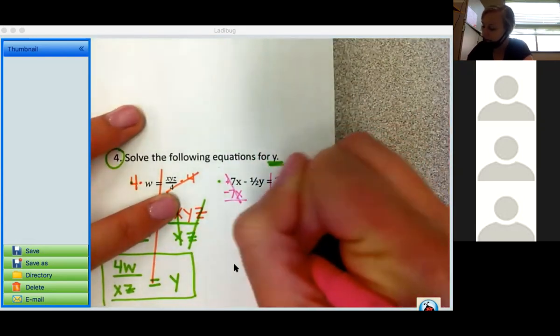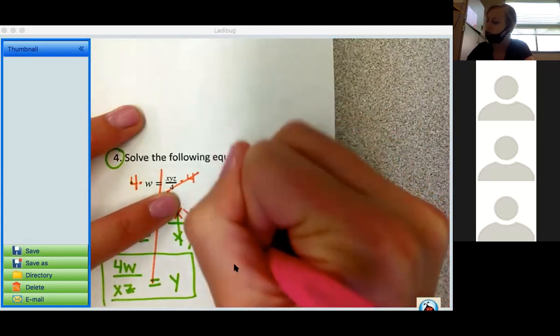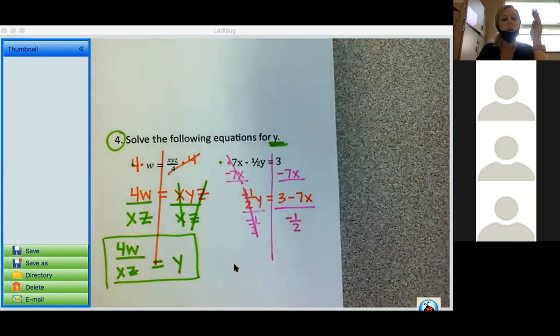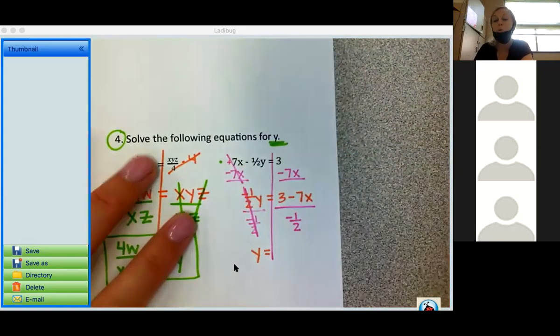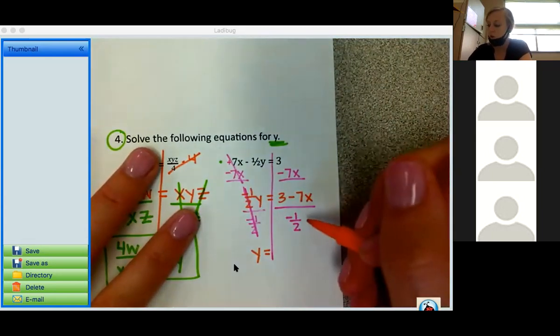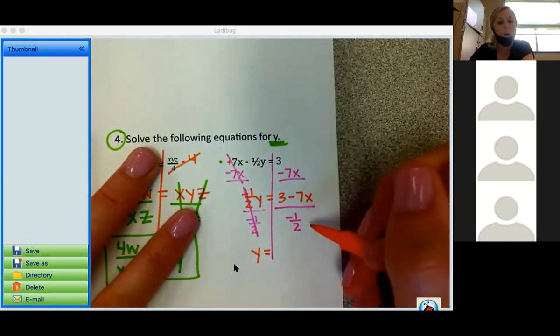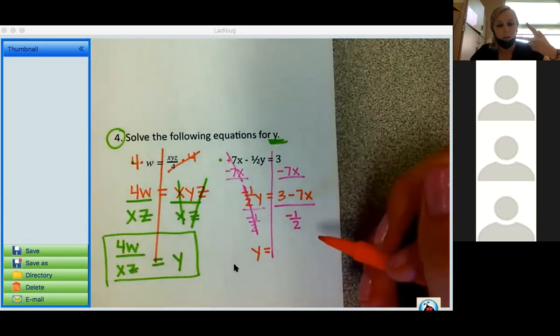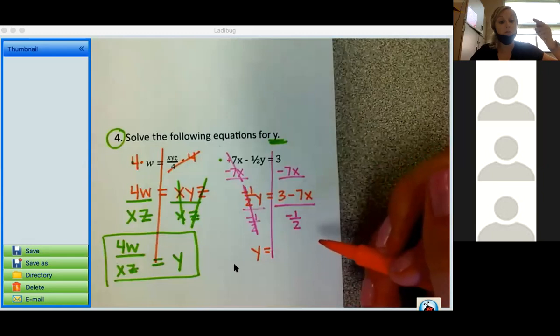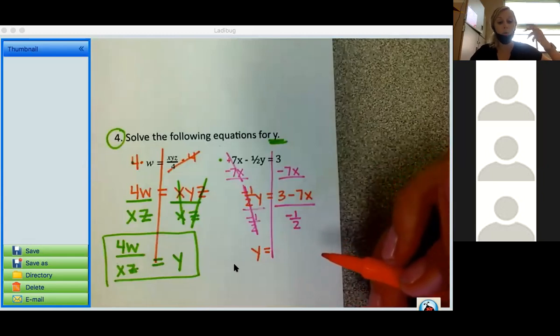Divide everything by negative 1/2. Now, y'all, we just talked about this. Can you divide by a fraction? No, it's the same as multiplying by the reciprocal. What's the reciprocal of 1/2, y'all? What happens when I flip a half? -2. Good, -2 over 1, and -2 over 1 is just -2.